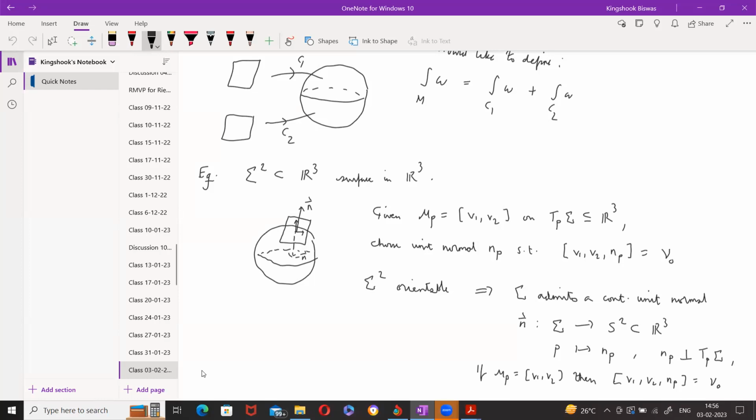So actually this is if and only if. Sigma will be orientable if and only if it admits a continuous unit normal vector field. All right, this is not hard to see. Is this okay?